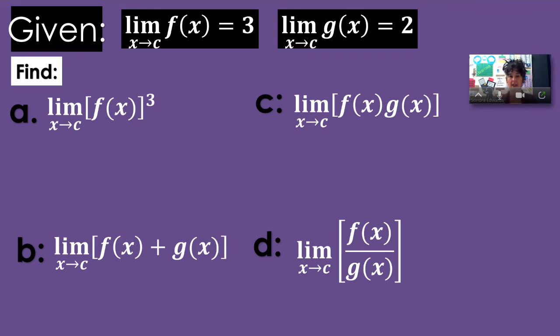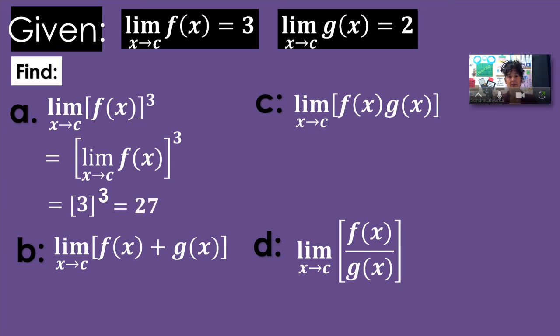Well, one of the properties is that you can find the limit as x approaches c of the function first, and then after the fact, cube your answer. So I'm going to find the limit as x approaches c of f of x, which we already have the answer, so that's 3, and then I'm going to cube it after the fact, and our answer is 27.